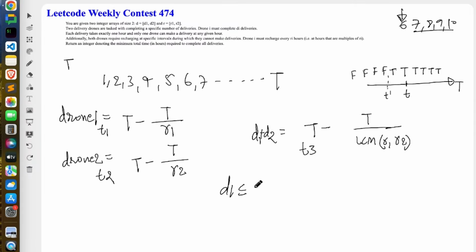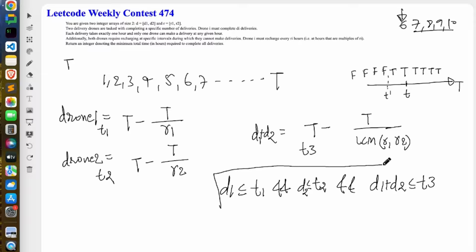So your d1 must be less than or equal to t1, your d2 must be less than or equal to t2, and d1 plus d2 must be less than or equal to t3. If this condition holds true, then both the drones can make the delivery.